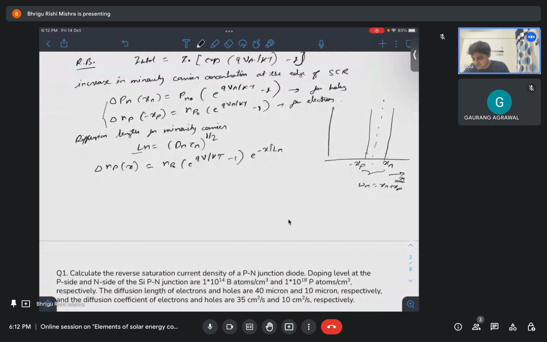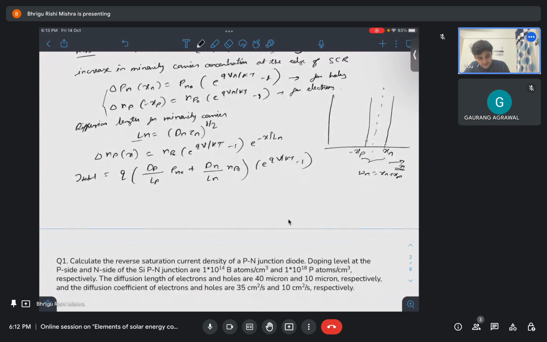In this way we can calculate the diffusion current. I can write the total current density J total equals q times Dp by Lp Pn naught plus Dn by Ln Np naught, times e to the power qV by kT minus 1.